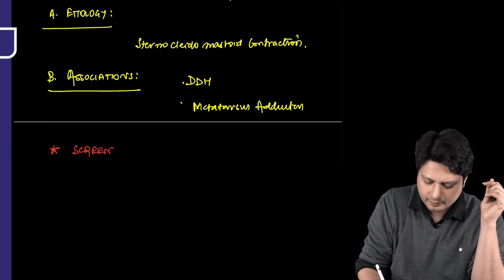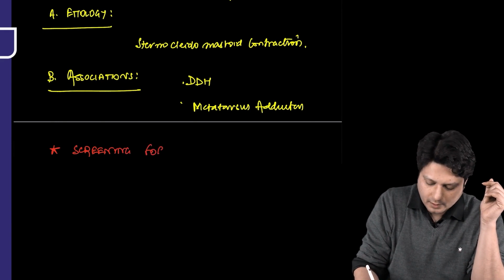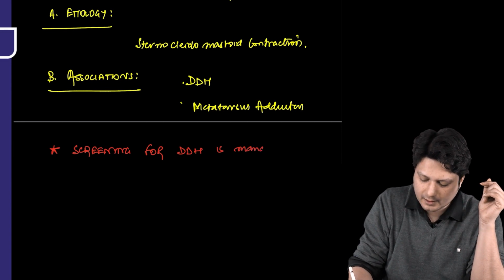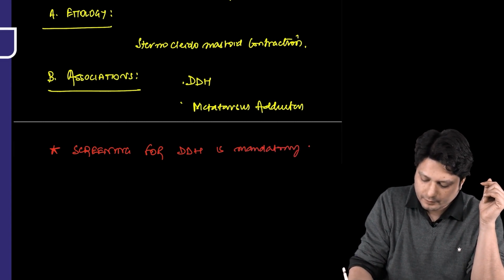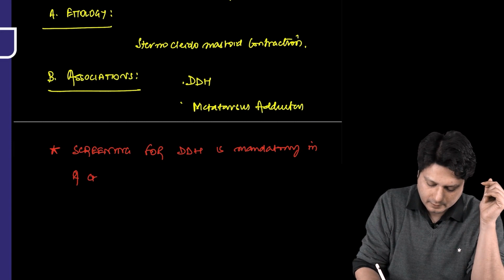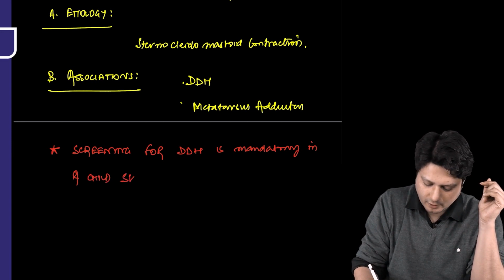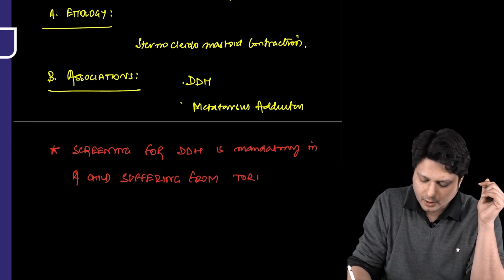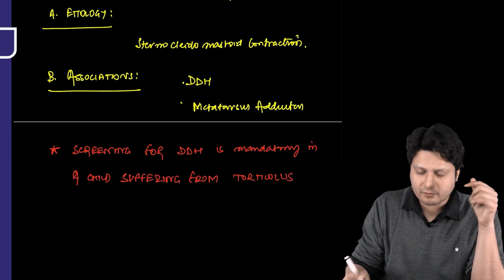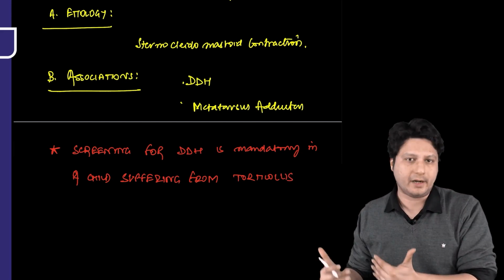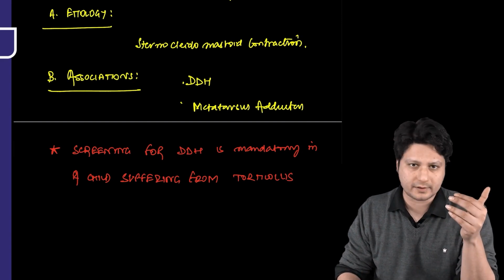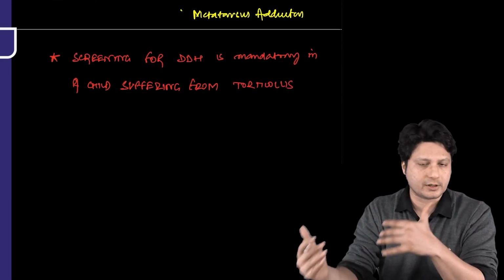Screening for developmental dysplasia of hip is mandatory in a child suffering from torticollis, because torticollis is an abnormality which is very clinically evident, but DDH is something which is not clinically evident in the majority of the cases until and unless a dislocation has happened.